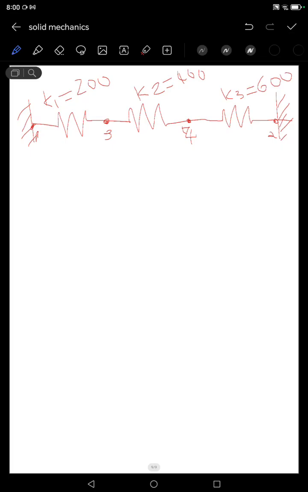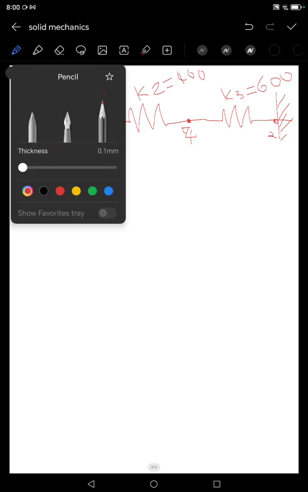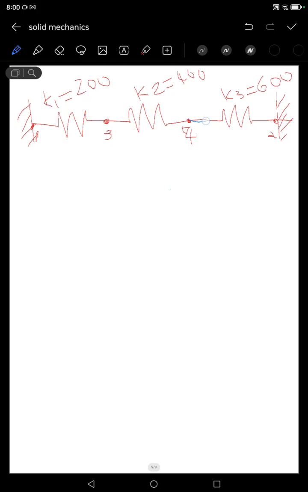And then here at node 4, we have a force, which is P. And P is equal to 25 kilonewton.